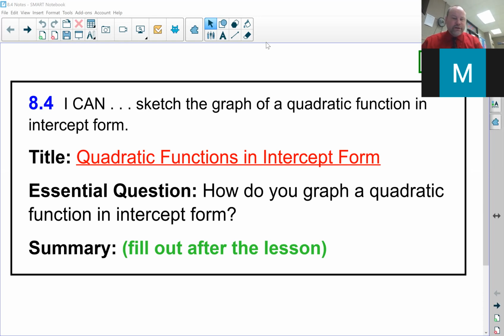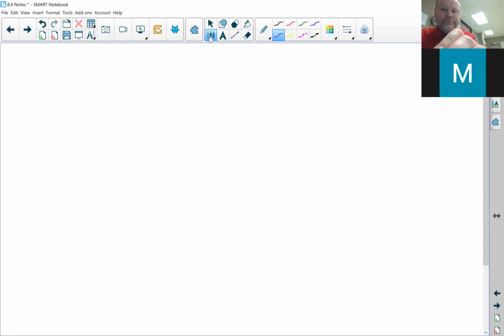Just as a quick reminder, we had vertex form. I believe that was lesson 8.2.